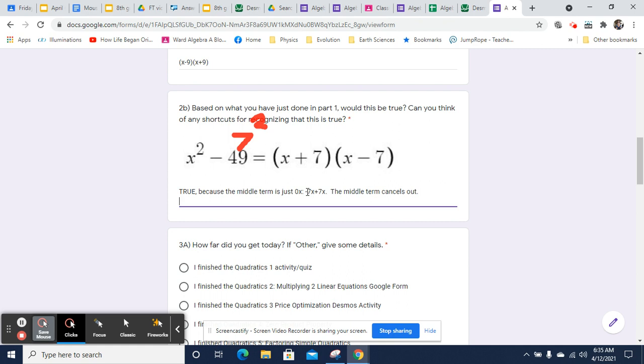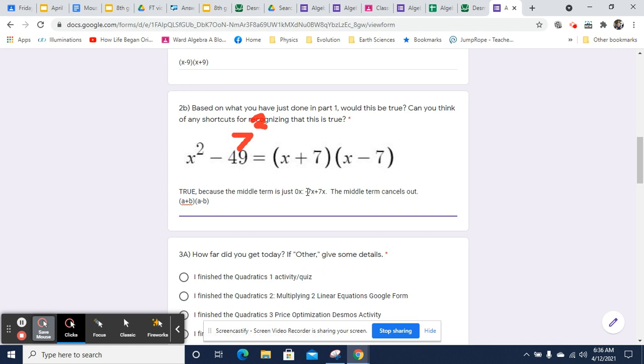Okay, and I'm going to give you a sort of generalization. Anytime you have a plus b times a minus b, you're going to get a squared minus b squared, because b times negative b will be negative b squared. And then you're going to end up with a negative ab and a positive ab.